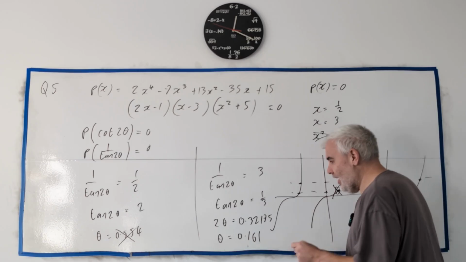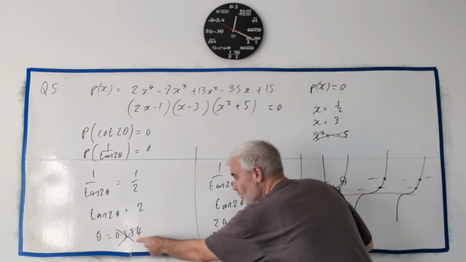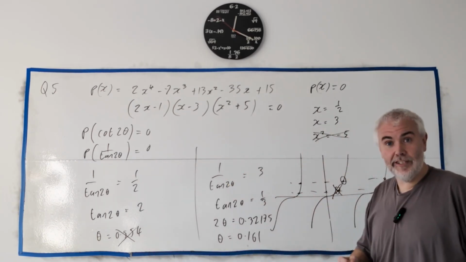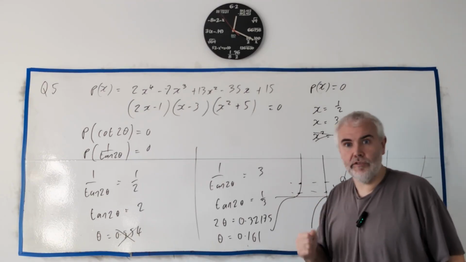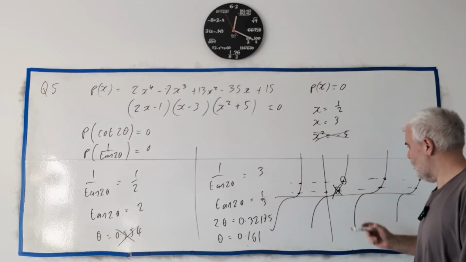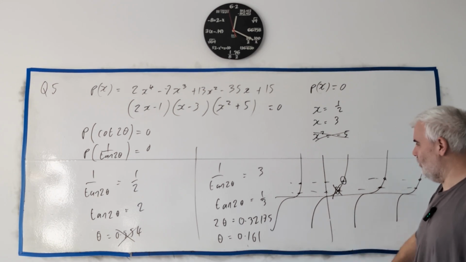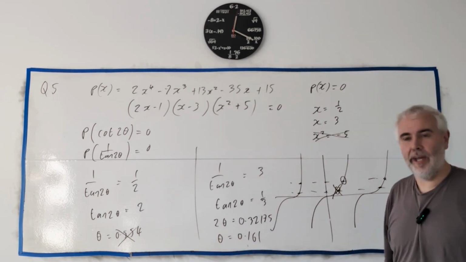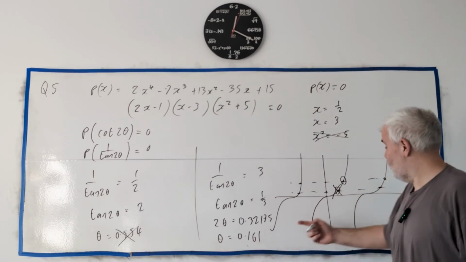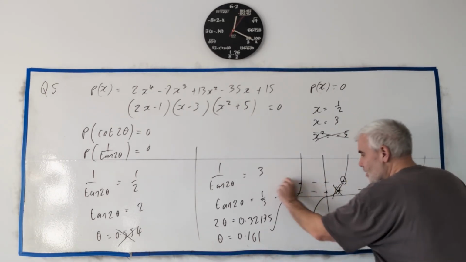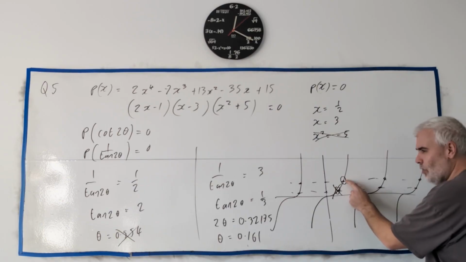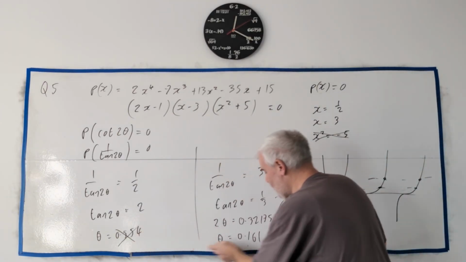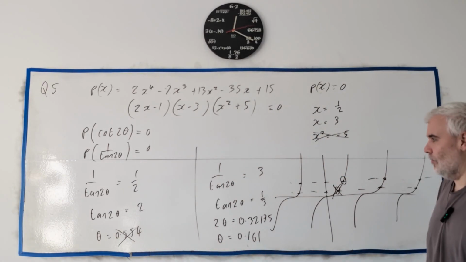The examiner at the very end needs just one answer, not 2 of them, because they wanted the smallest positive one. This answer here would be, I guess, 90 away once you divide it by 2. I can't do that in my head, but there's many other answers. It's just these are too big, these are too negative, and this one here is slightly too big. This one is the perfect one.